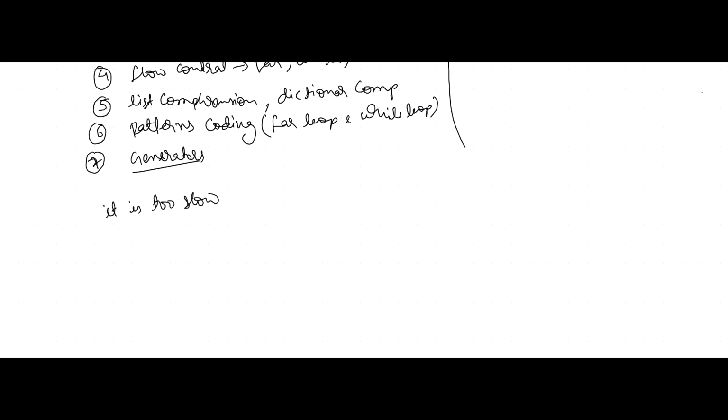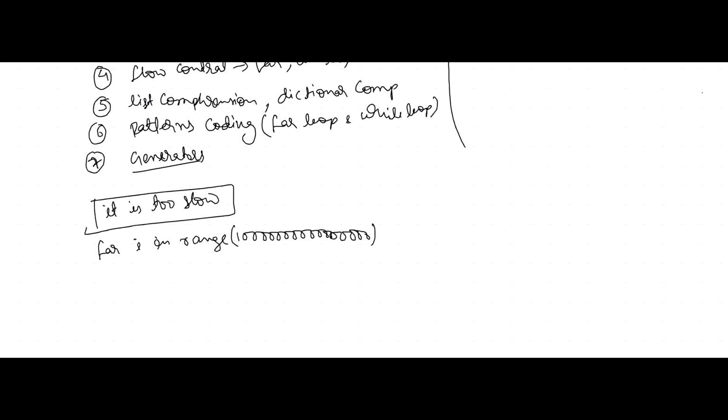Now, if I ask you to write this code and get the output: for i in range, and then print i square.